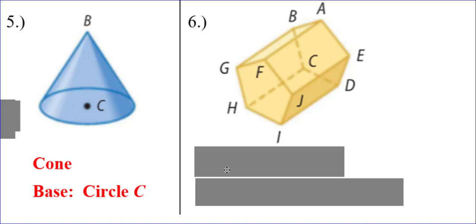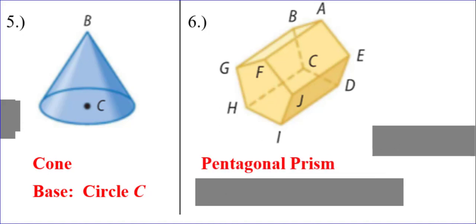Problem number 6 was a pentagonal prism. Now, how did I know? Because there's a pentagon in the front and there's a pentagon that's exactly like it in the back, and they are parallel and congruent to each other. So that's why it's a pentagonal prism and not some other type of prism.